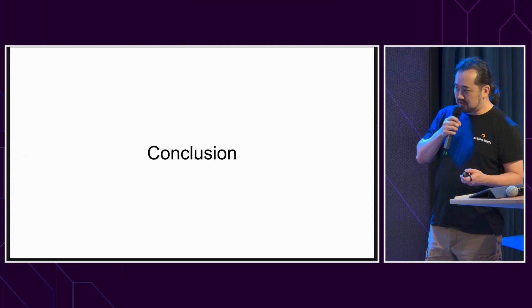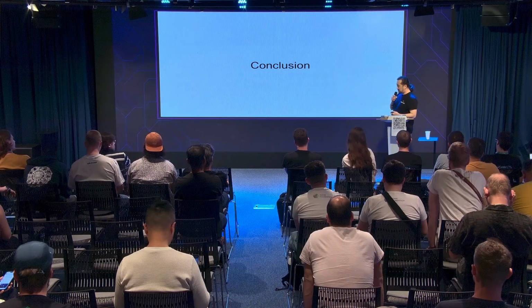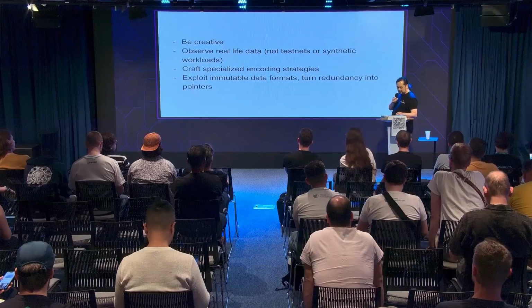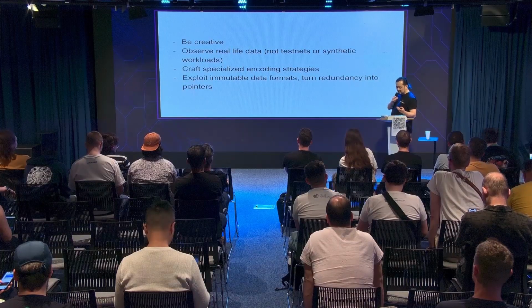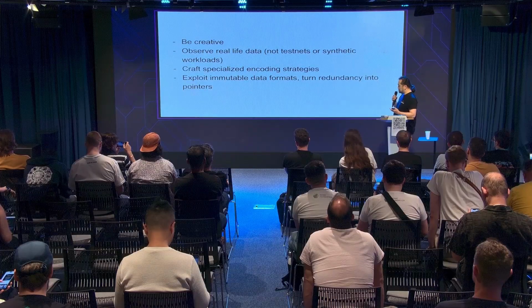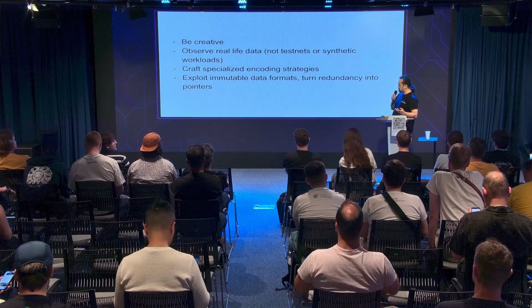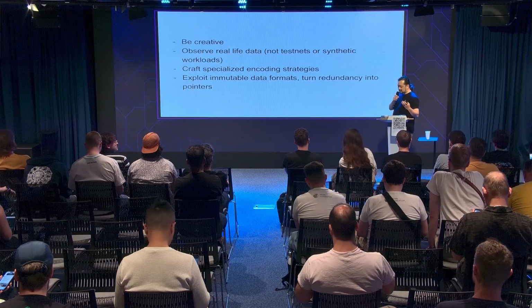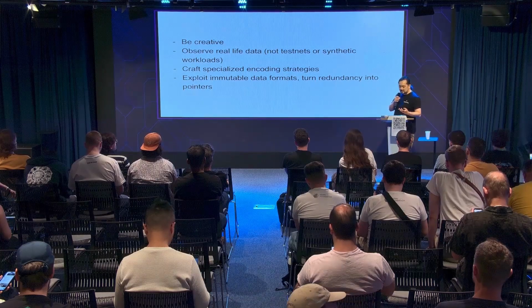So what is the conclusion of these two quick examples? From what I showed you today, I think one possible way to keep optimizing archive nodes long term is to observe real-life data and identify data patterns used by very popular contracts.